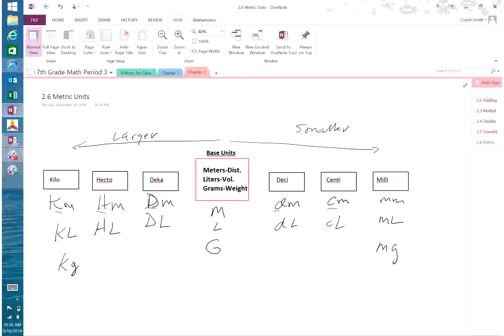For all the rest of them, for example going from grams to kilograms, it doesn't seem like that big of a jump, but it is. There are 1,000 grams in one kilogram. Let me look at my sheet here. There's 1 million milligrams in a kilogram.